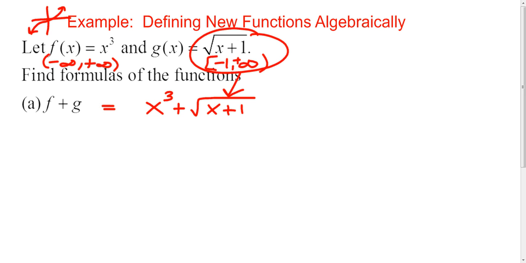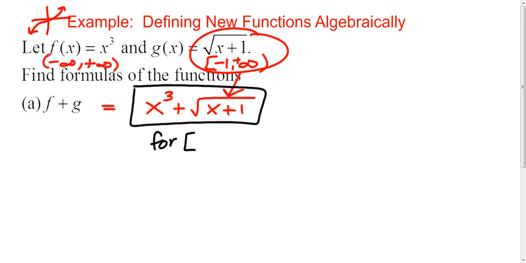In this case, I can't simplify x cubed plus the square root of x plus 1. So this is a function that I get. And my most restricted domain gets inherited, so I know I have to be restricted from negative 1 to infinity. And I have no more restrictions that I need to place on it, and we'll do a couple where you do have to, so I'll show you that in a minute, but for now we're good.